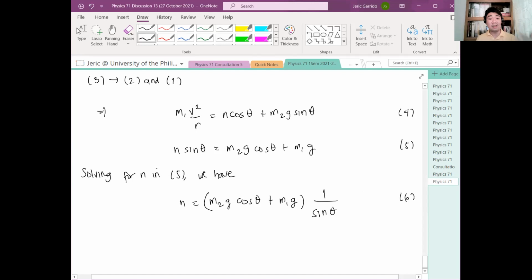Again, the normal force is not given in the problem. The only ones given are the masses of the objects and the cone angle, or the angle of the cone relative to the vertical, that theta.